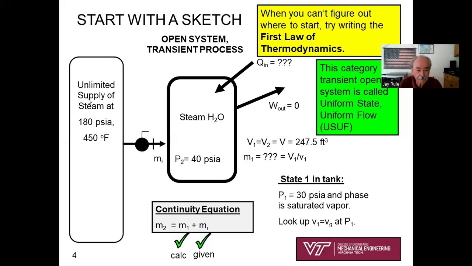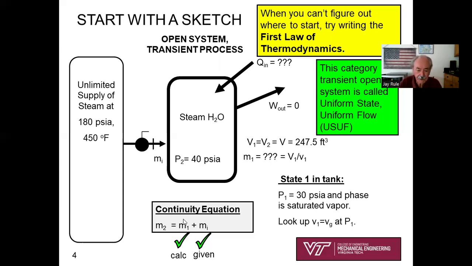Here is my unlimited supply of steam, superheated vapor is my intuition, at 180 PSI and 450 F. Here's the little throttling valve that's allowing steam to come in from high pressure to lower pressure. And I'm showing mn, the amount of mass that came in. And also on my sketch, I can immediately write the continuity equation.